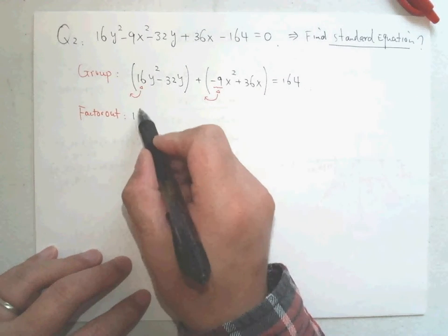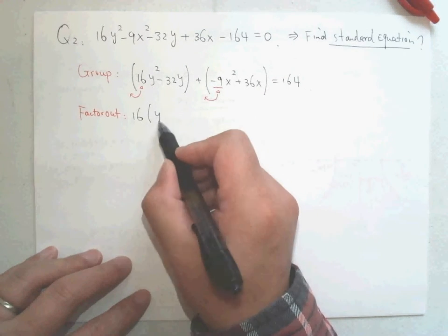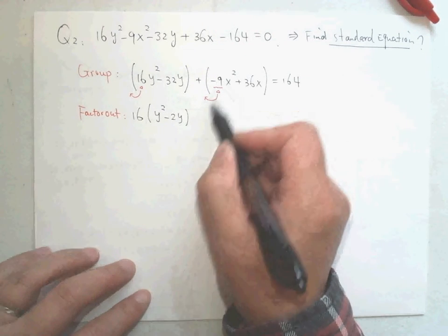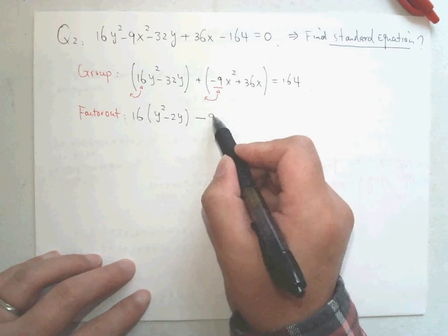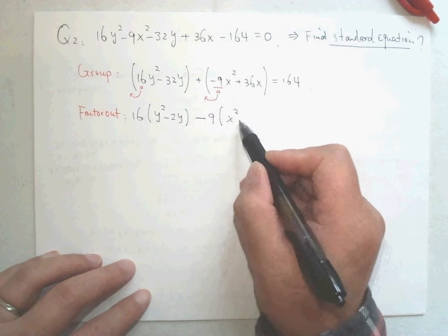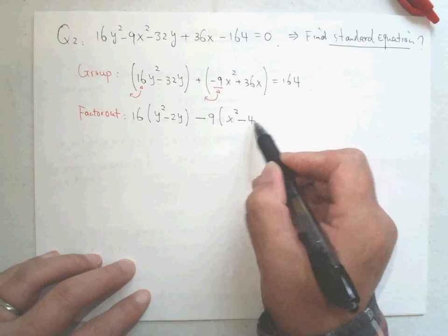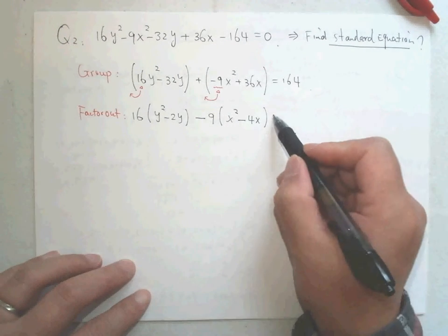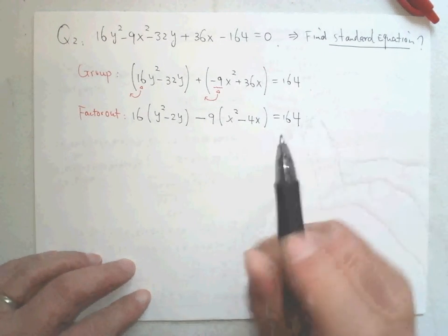Factoring this out, it is 16 times y squared minus 2y. Factor negative 9: minus 9 and x squared minus 4x, negative makes it a perfect positive. Then equal to 164, almost.